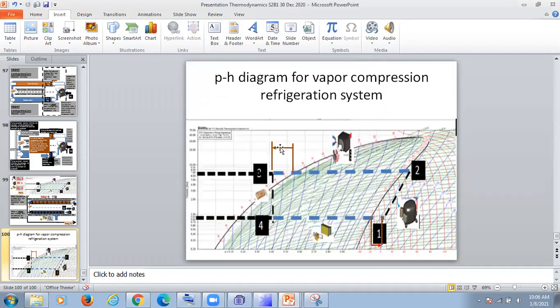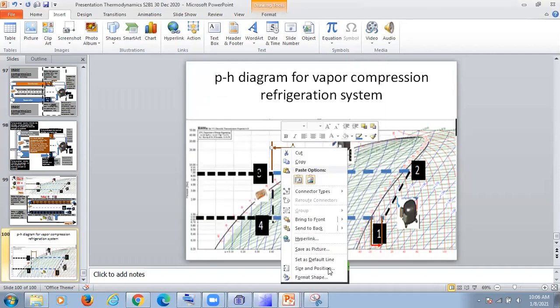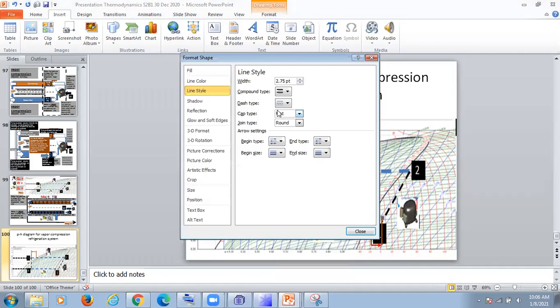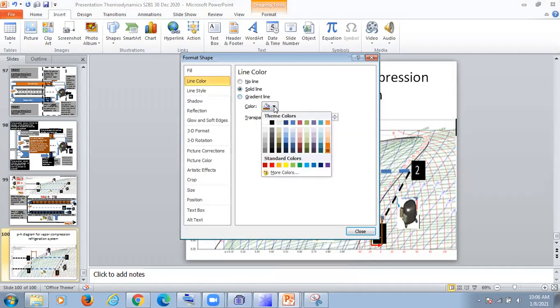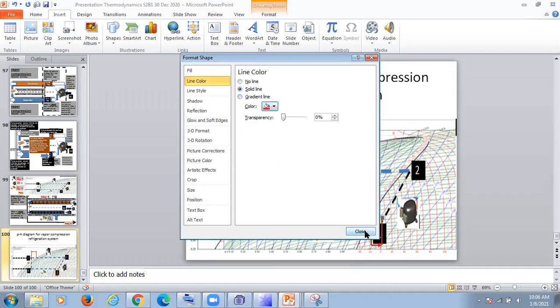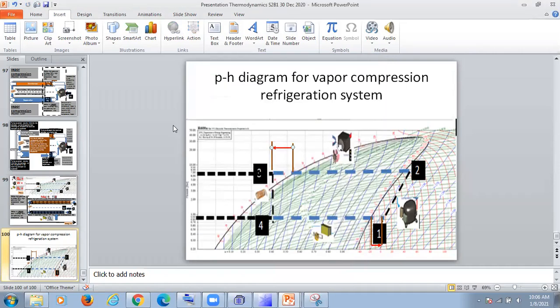Okay. Here also I put the same line color. It is quite eye-catching color. Okay. This one also.